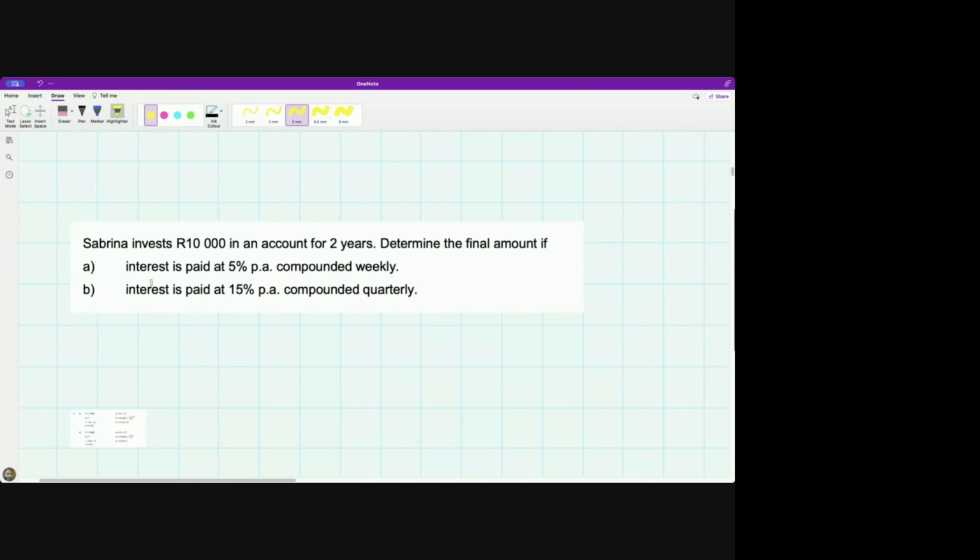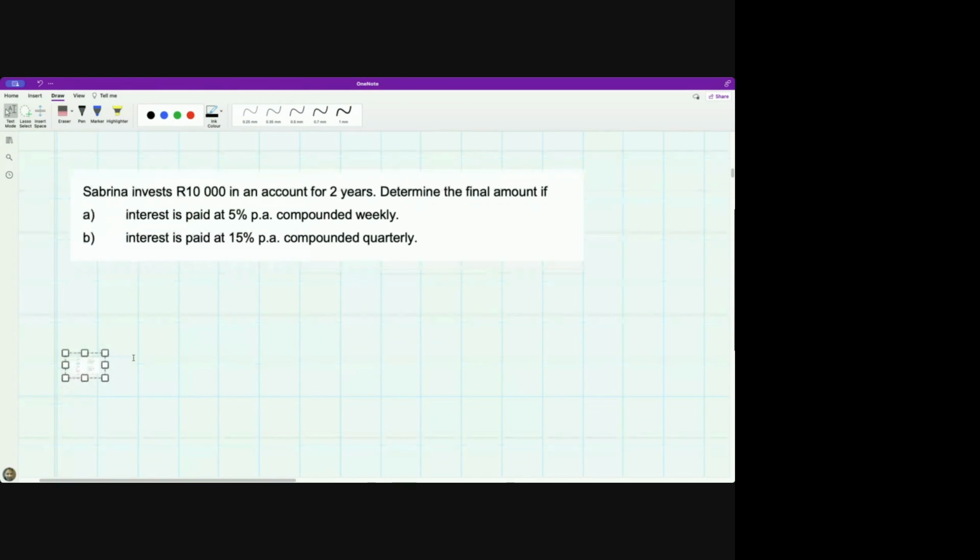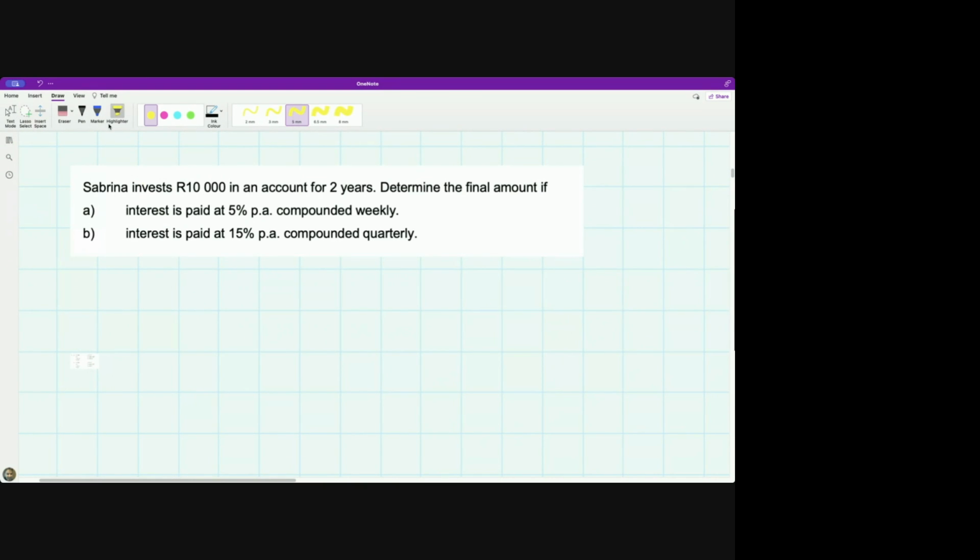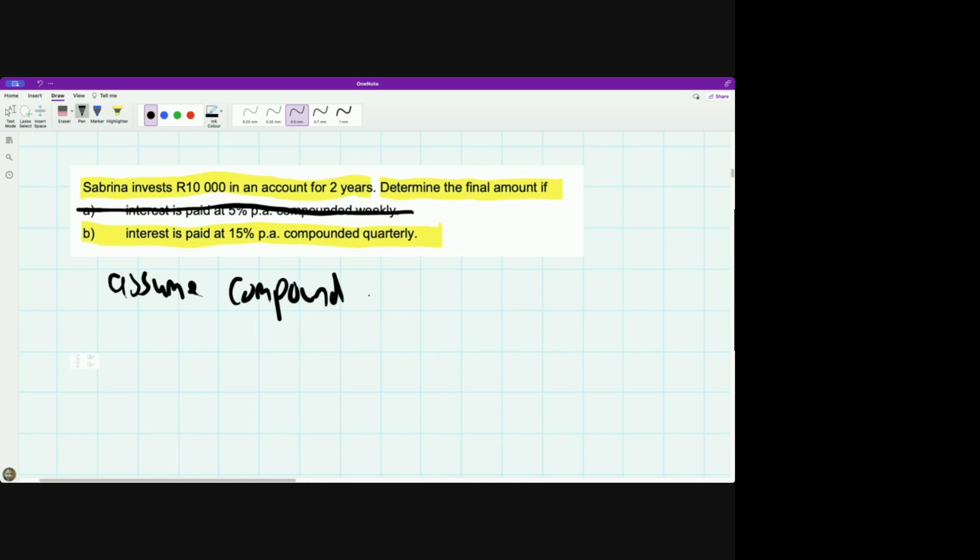It says Sabrina invests 10,000 Rand in an account for 2 years. Determine the final amount. We are just going to do B. We are not going to do A. So please assume compound interest, because in the real world, compound interest is the most natural way to describe what's going on.